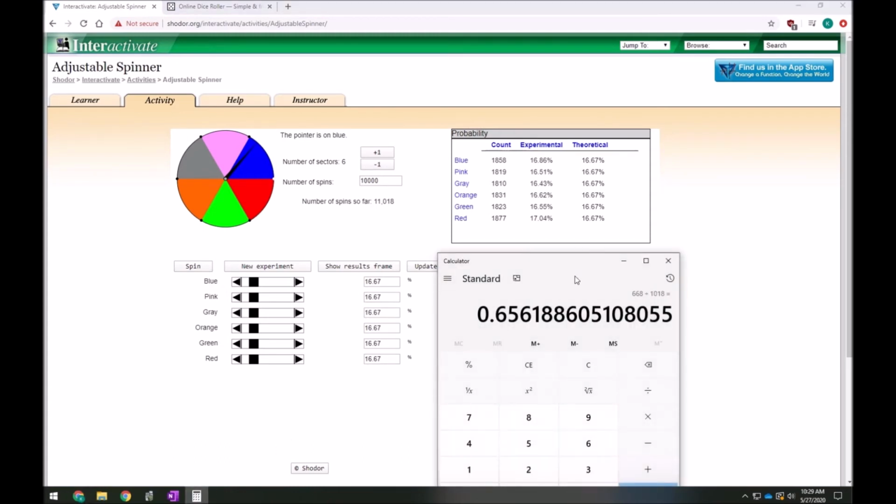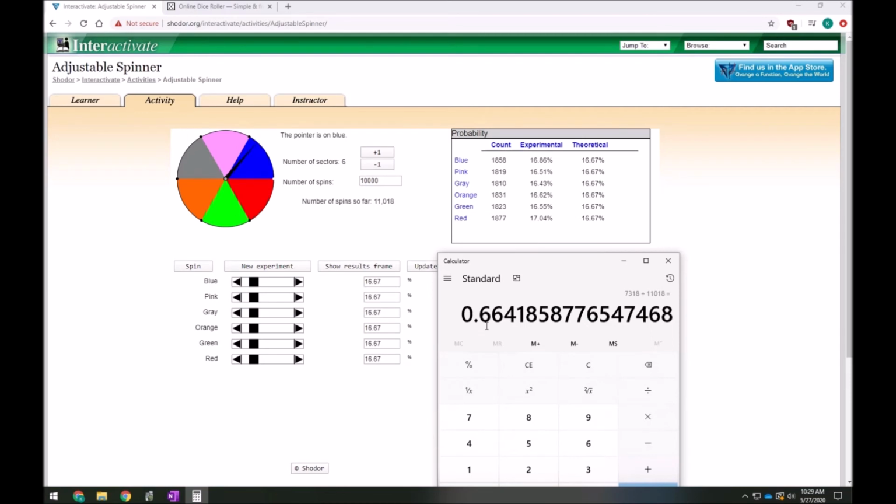Again, if I was to restart everything I have here and add up all my numbers, I've made M happen 7,318 times out of 11,018. Notice I'm getting even closer to that 0.6667.